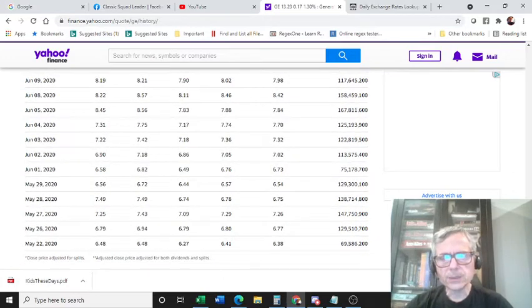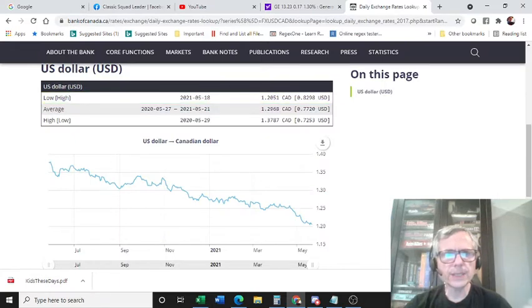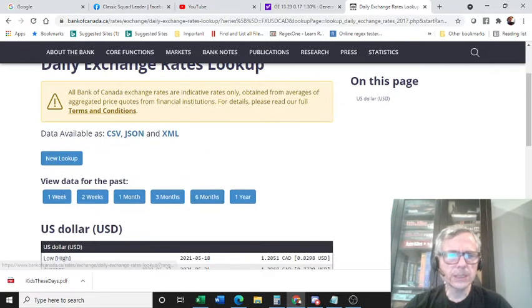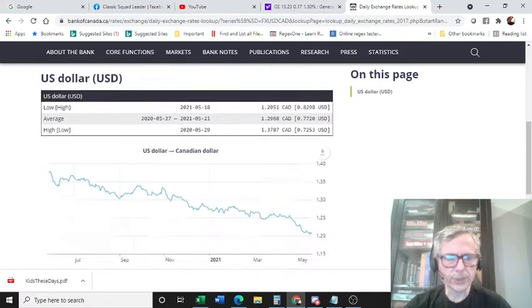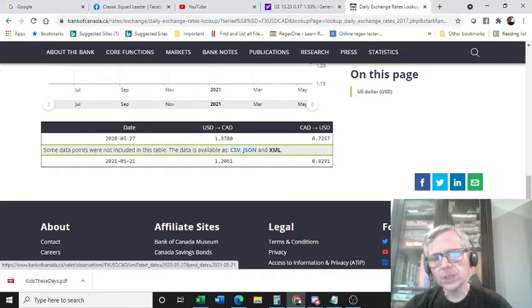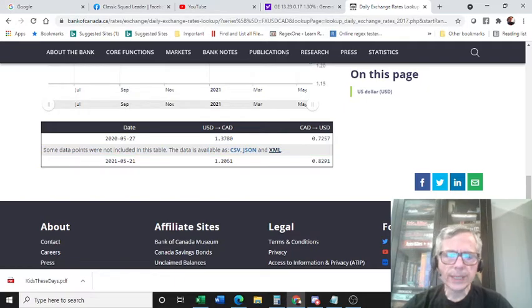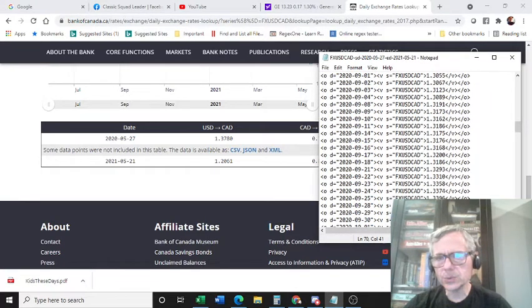The other thing I found is the exchange rates on the Bank of Canada daily exchange rates lookup. You can look up a range and then download an XML table. That XML table you can either download into Excel and use the VLOOKUP function to find the rates, or what I did is download it into Notepad and look up the exchange rates manually.